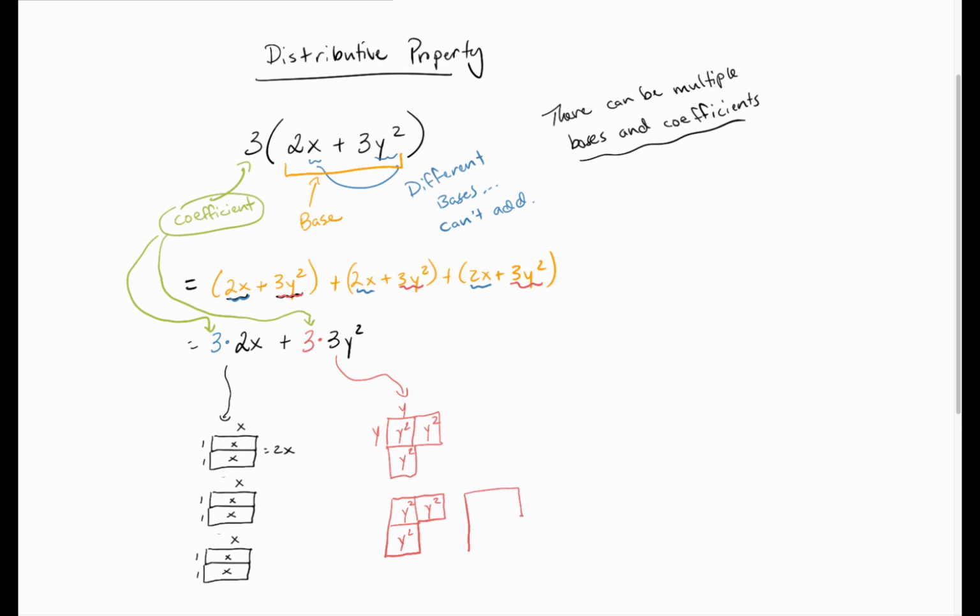Now, as I'm finishing up drawing here, you can definitely tell these aren't the same size. We have x's and y squareds, so we're not going to be able to combine them together. We can only add all those black rectangles together, in which case we count them up. We have 6 x's, and we can add together the red squares and get 9y squared.